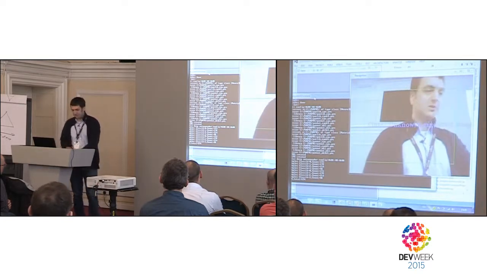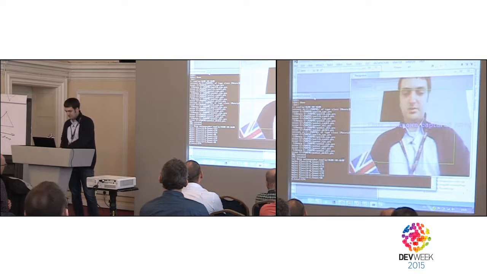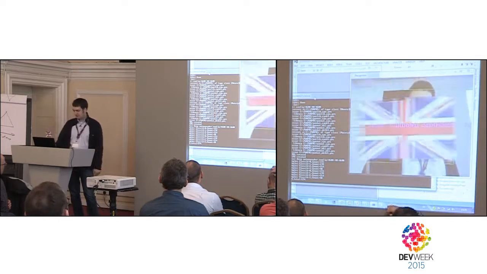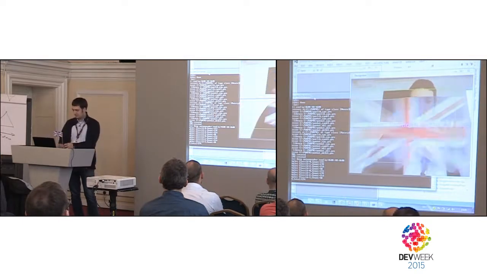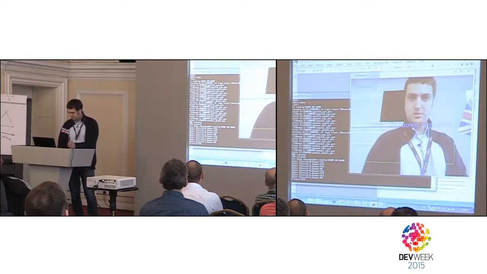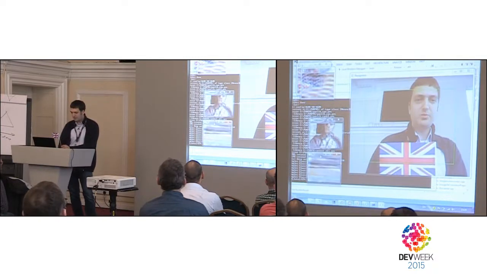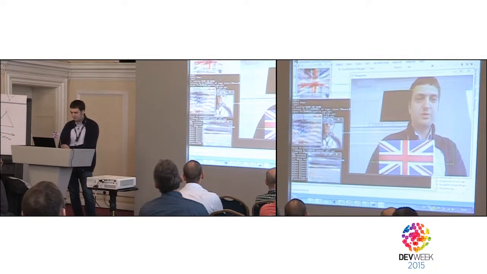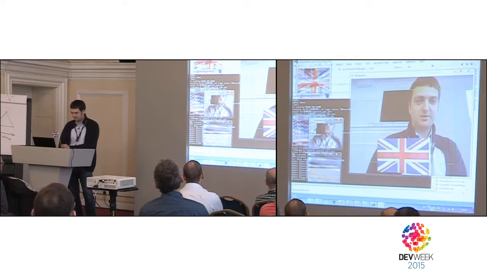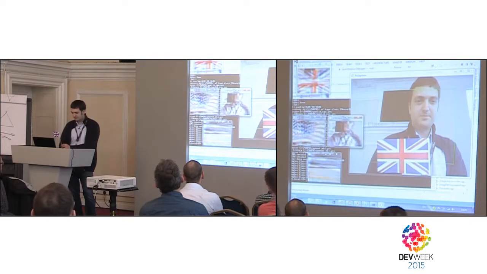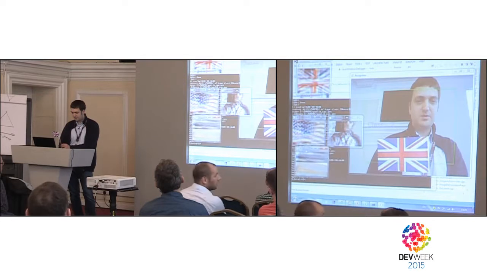So now we can start testing our system. Here we see the way neural networks reconstructed images. So this is unknown background.